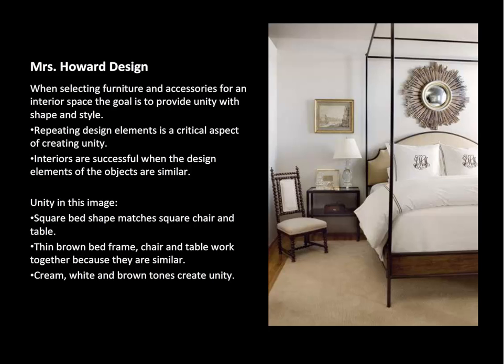They also have brown or tan as their color, so that is also unifying. To me, the element on the frame of the bed is very thin, and so is the table next to it. And really the chair also has sort of small wood features. And then the color, as you can see, really pulls this together with just the creams, the different tones of the brown, and then the white.